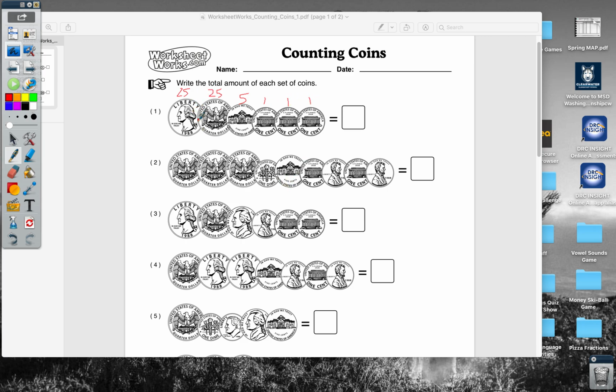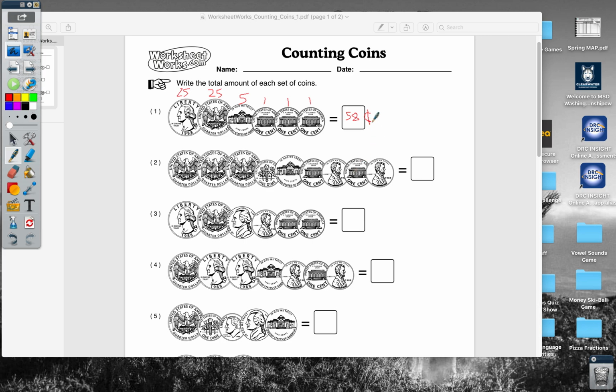Then you can count 25, 50, and you're just going to have to remember with those quarters, 25, 50, if we've got 3, it's 75, 4 quarters would be $1. So 25, 50, 55, 56, 57, 58. So we are at 58. And this box is a little small, so I'm going to put the cent mark right there.